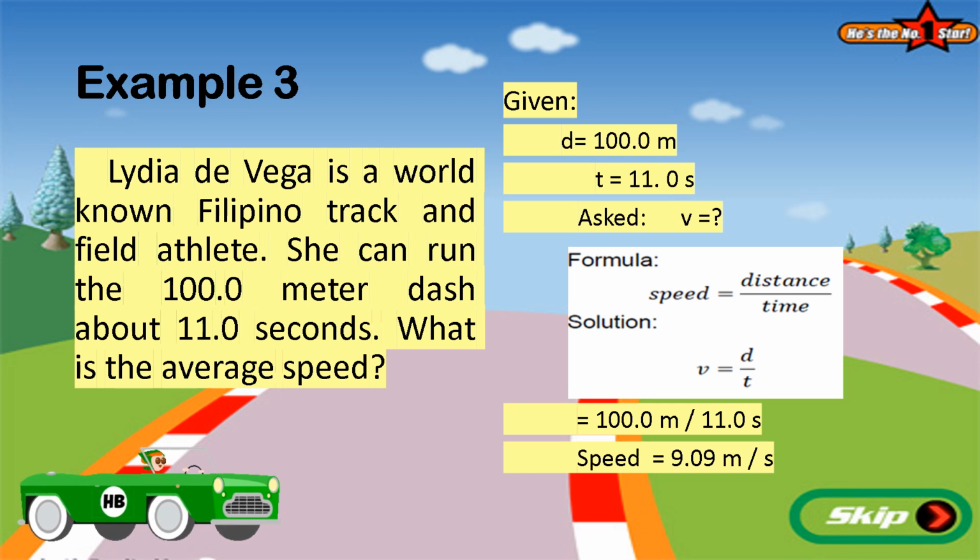So you have the distance is equal to 100 meters and the time is 11 seconds. Following the formula of v is equal to d over t, you will have 100.0 meters divided by 11.0 seconds. Therefore, the speed of Lydia De Vega is 9.09 meters per second.